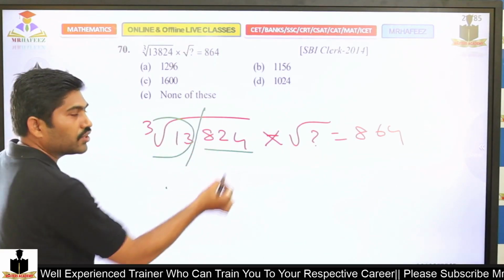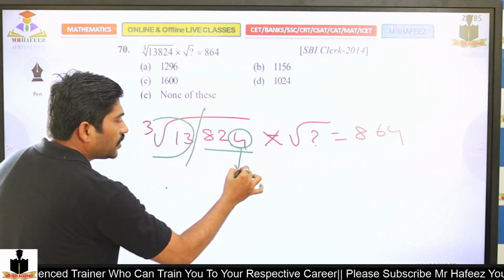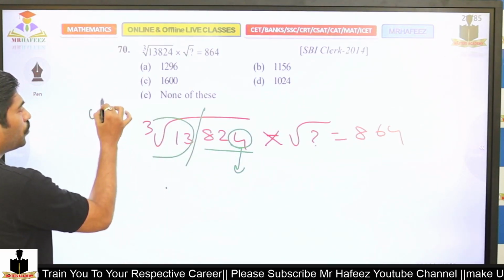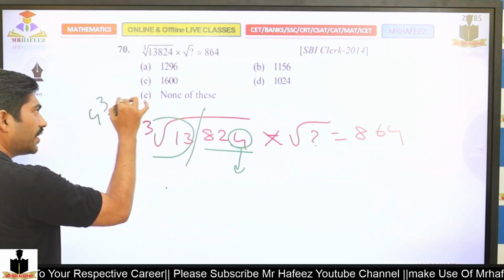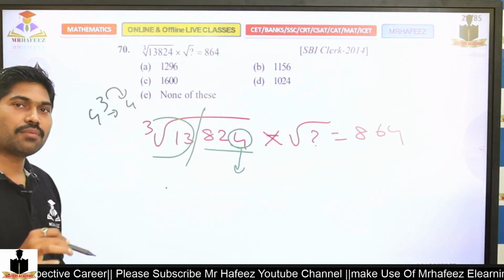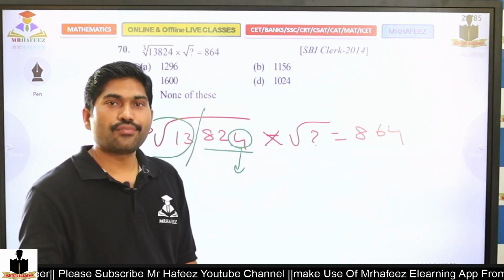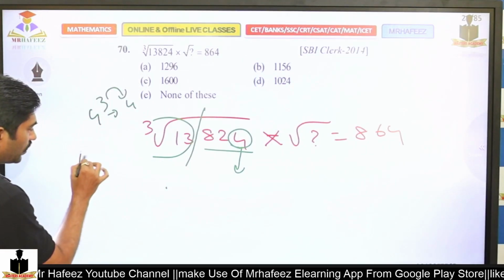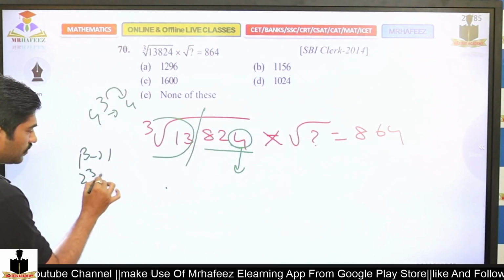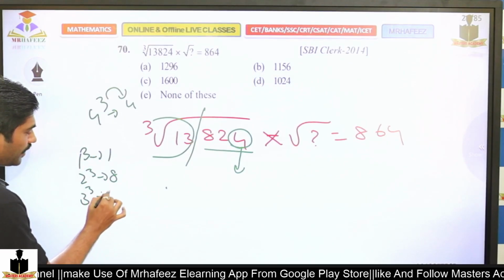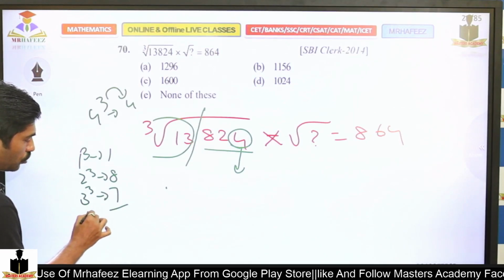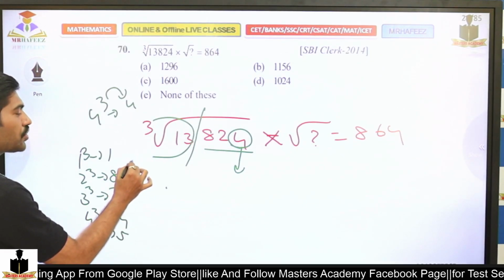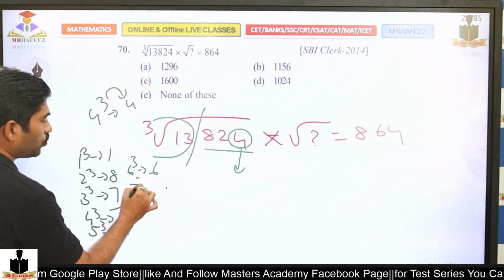So 824, you should focus 4 here, the unit digit. So which cube is 4? 4 cube is a 64. So unit digit is 4. Is there any other number which will provide you only 4 as a cube? So what is 1 cube? 1 cube is 1. 2 cube is 8. 3 cube's unit digit is 7. 4 cube's unit digit is 4. 5 cube you will get 5. 6 cube you will get 6. 7 cube is 3.